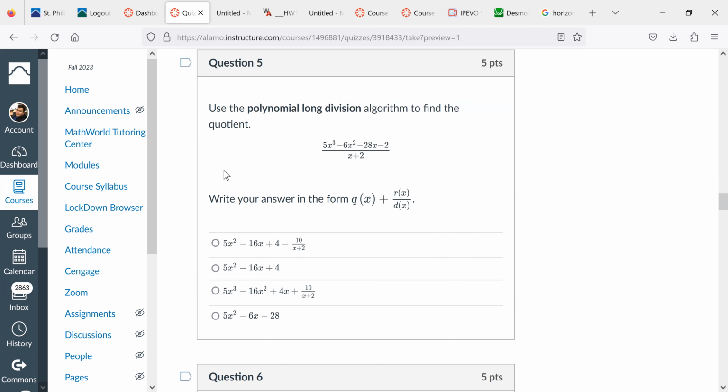Use polynomial long division algorithm to find the quotient. Alrighty. Let me write this question down. I'll switch over.